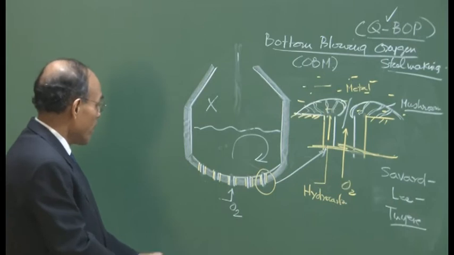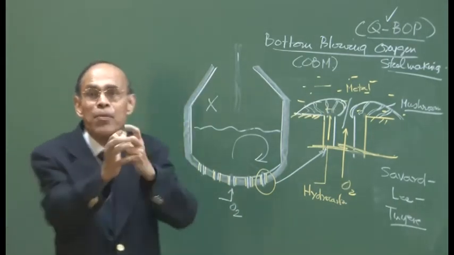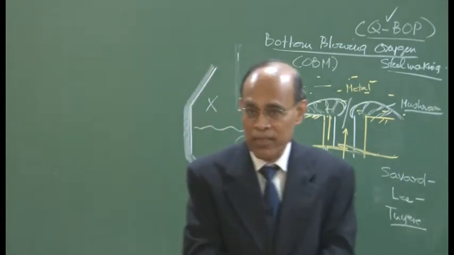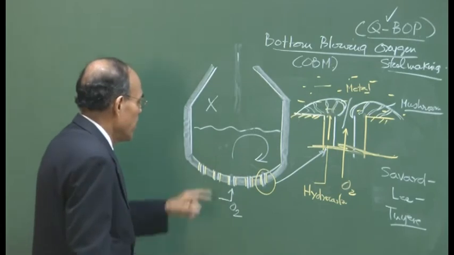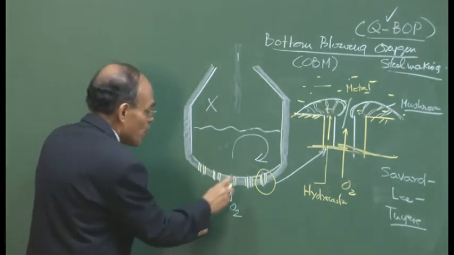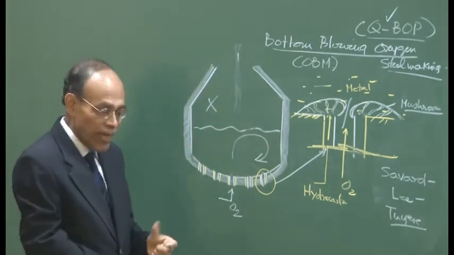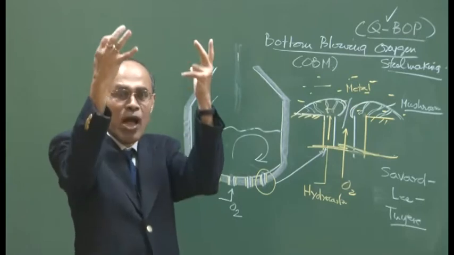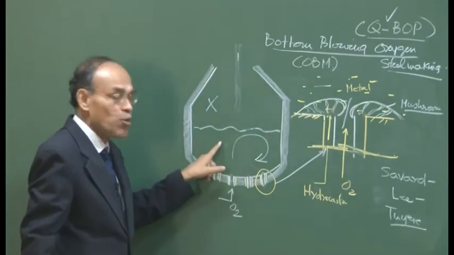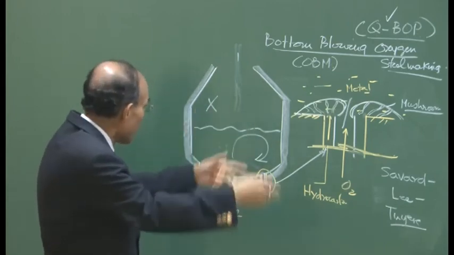So, because you inject oxygen from the bottom, the gas-liquid coupling is far more efficient here, okay? Directly the momentum is exchanged between the gas and the liquid. The gas is rising because of its buoyancy, because there is a huge density difference between the gas and the liquid, and as the gas flows up, you have a good amount of stirring.